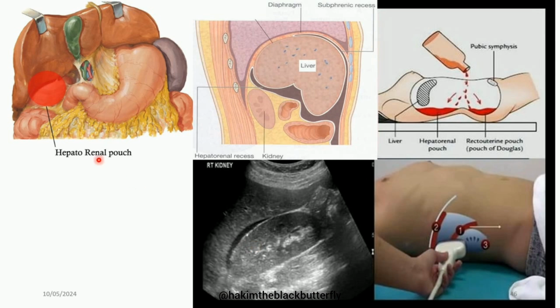So out of all these, remember this mostly, because it's what you will always be scanning for to confirm pathological fluids in the abdomen. That one there. Always remember that, always.